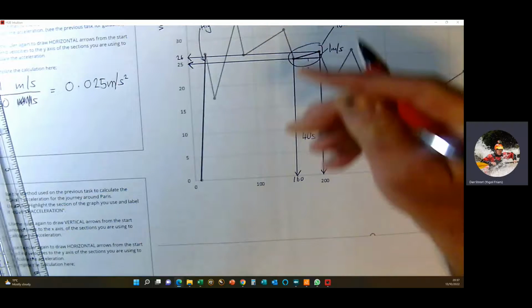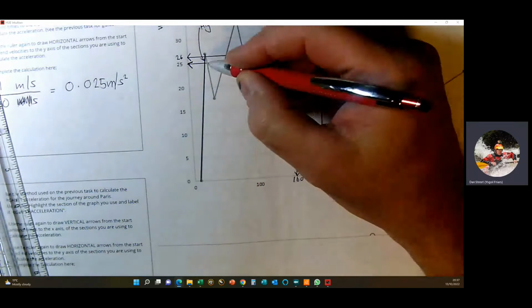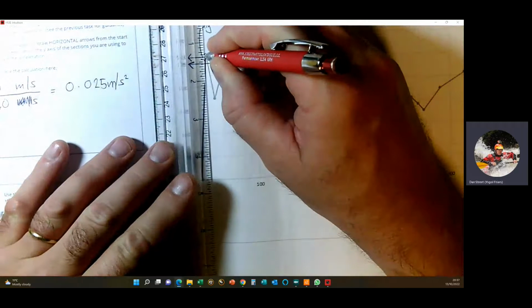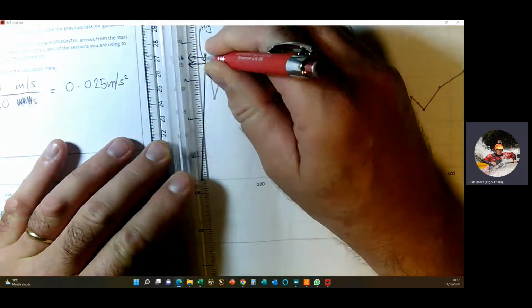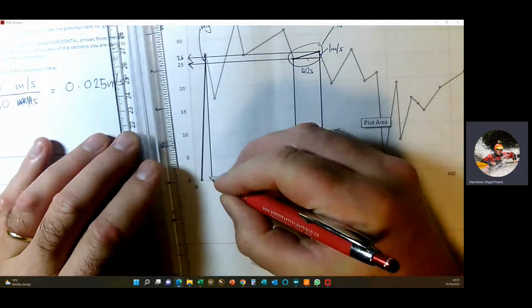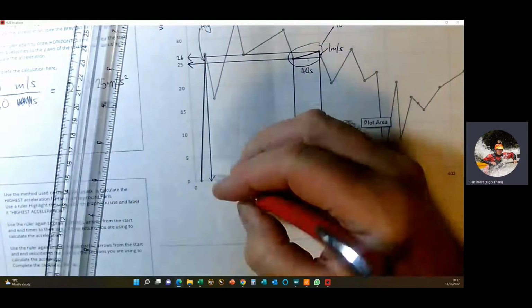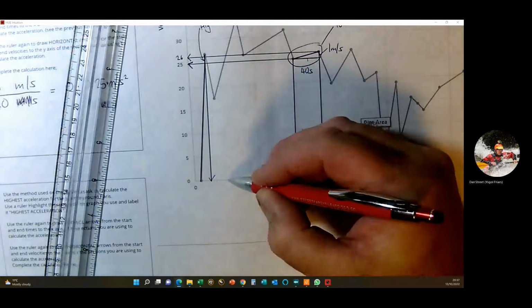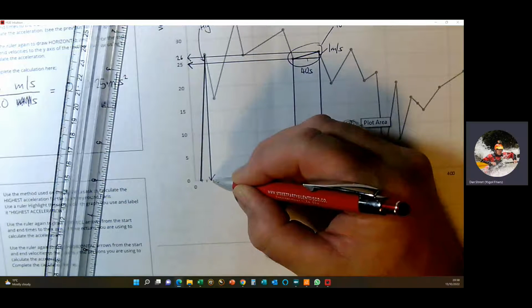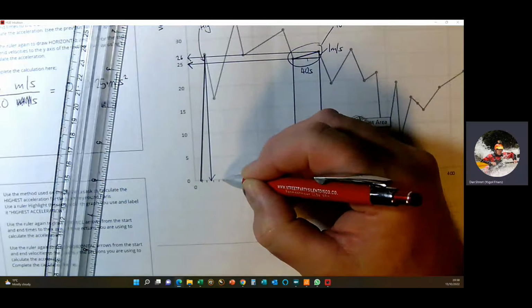And then once again, we need to calculate what the acceleration actually is. So again, we need to drop these arrows down. We don't need to drop one for the starting point, because of course it is on the x-axis. Here is 0 to 100, and then we've got our 50, and then 1, 2, 3, 4, 5.